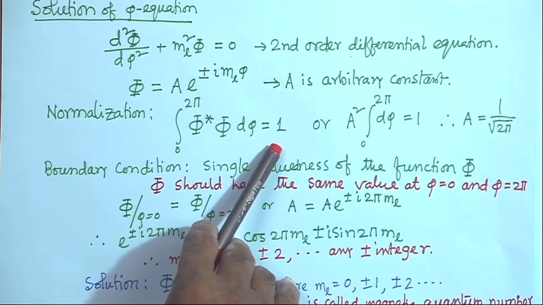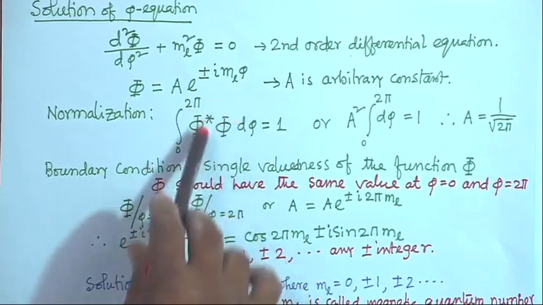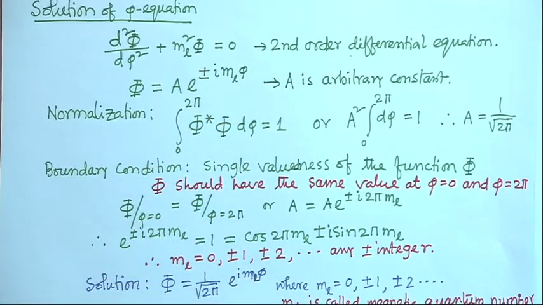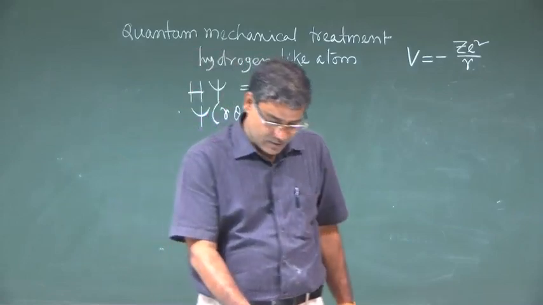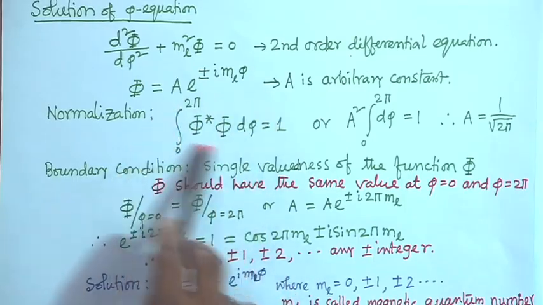This phi star phi d phi is the probability to find the particle within phi to phi plus d phi, in this d phi angle range. Now, if I integrate over the whole region, it should be 1.